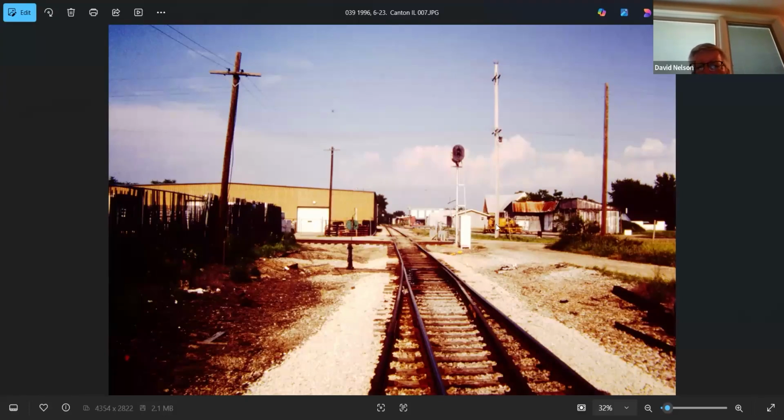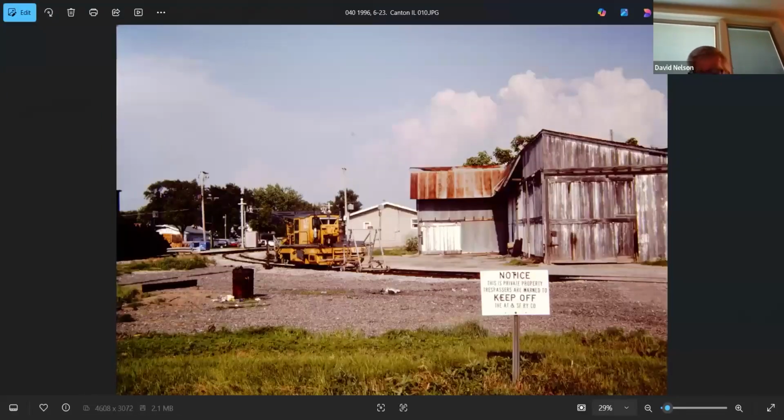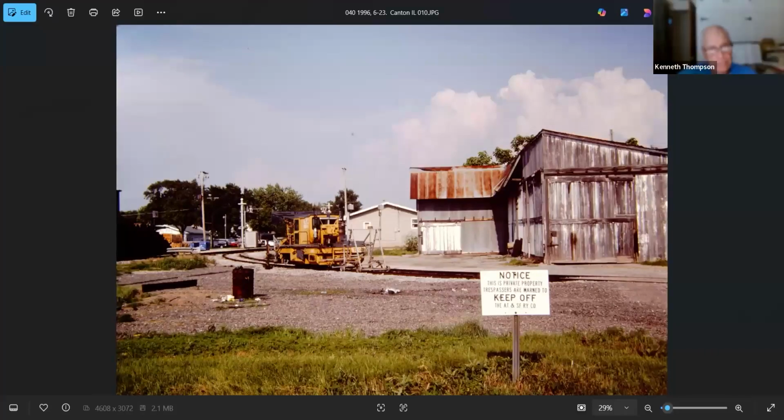And then this was the TP&W, later to become the Keokuk Junction Railroad. There's that piece of work train equipment and some interesting old sheds. Yeah, unit coal trains used that for a while. Notice that the sign says this is private property and trespassers are warned to keep off. So of course I ignored that, but it's the Atchison, Topeka, and Santa Fe, because at that time they owned the TP&W.